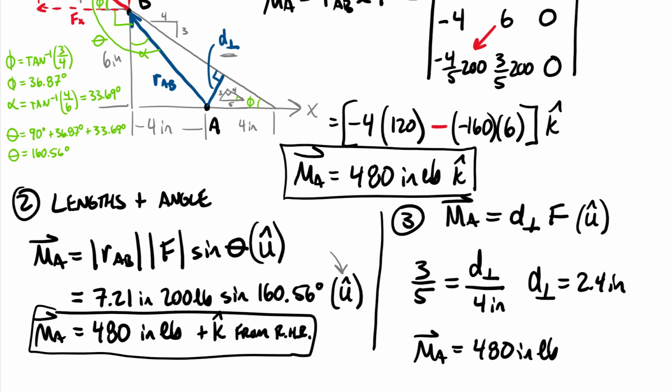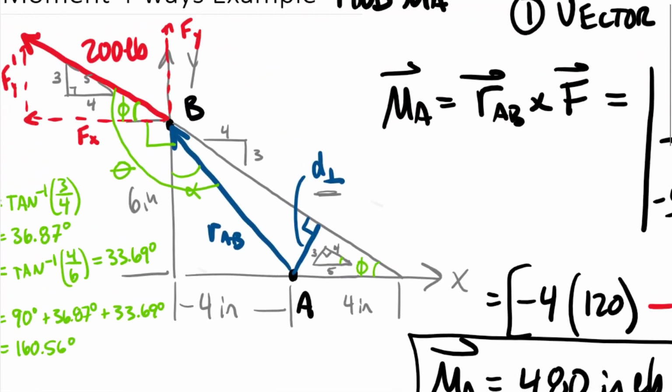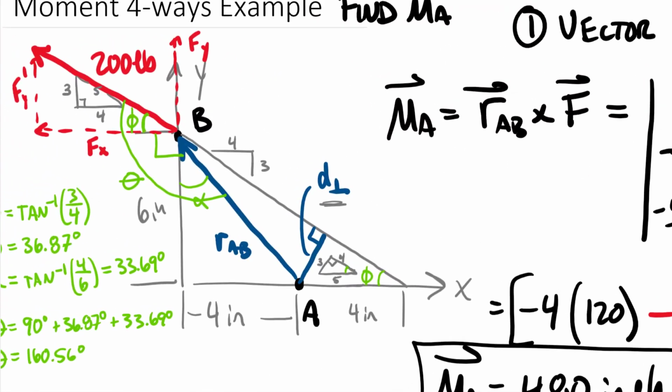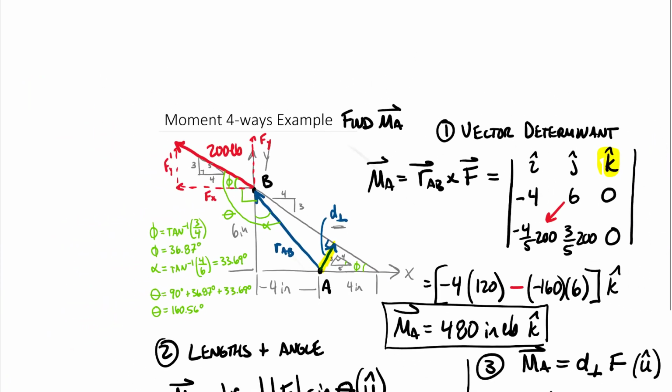Now in this one, you could look at this perpendicular D. Instead of focusing on your RAB, you could focus on crossing the yellow one here into that force along its line of action. So these are perpendicular. And so using the 3-finger right-hand rule, or once again, slide your fingers, start at A, point them along D perpendicular up in this direction here, and then curl them into that force, and your thumb should come out of the screen.